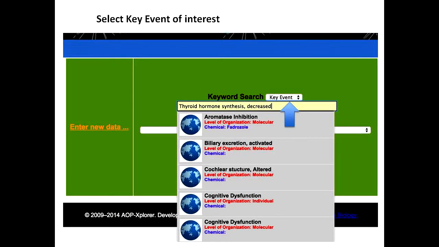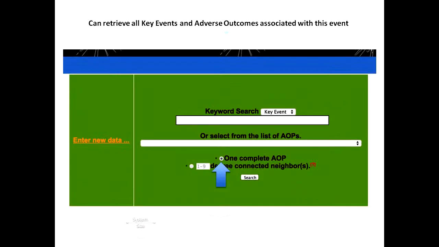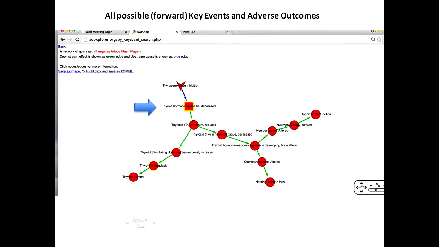If you're really interested in looking at specific key events and how they might be shared across things, one example is thyroid hormone synthesis decreased. I've entered a number of AOPs for thyroid disruption. If you look at that and click on one complete AOP, what you actually get is it pulls from all the AOPs that are entered and looks at all connections to that key event.